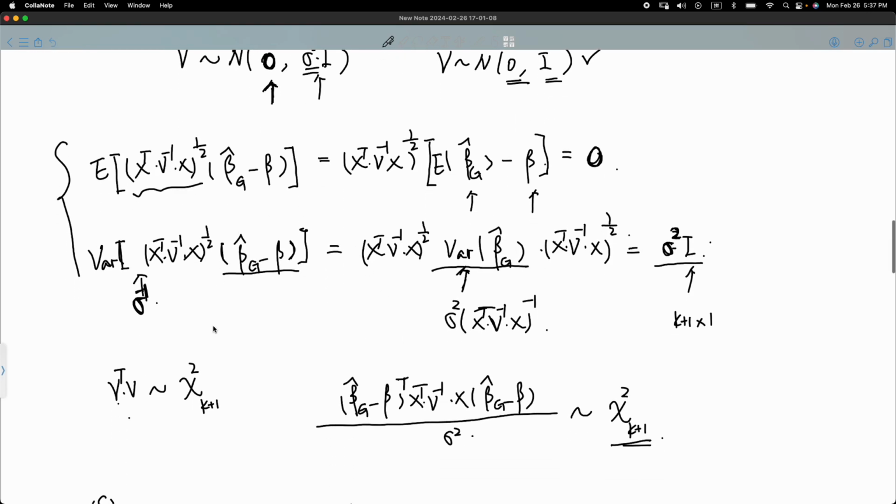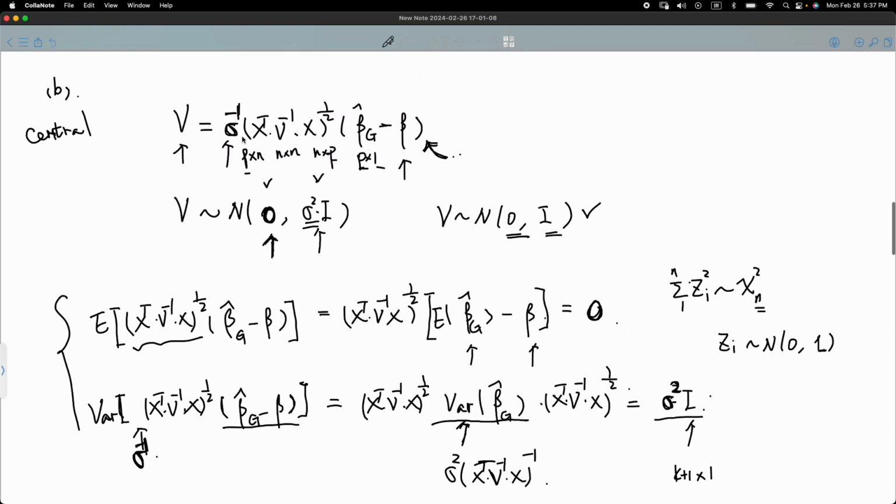Then V transpose V will not be equal to the chi-square, because chi-square is essentially defined as n copies of a standard normal, and this will be a chi-square with degree of freedom n here. But this Z_i needs to follow a normal with 0 mean and variance 1.